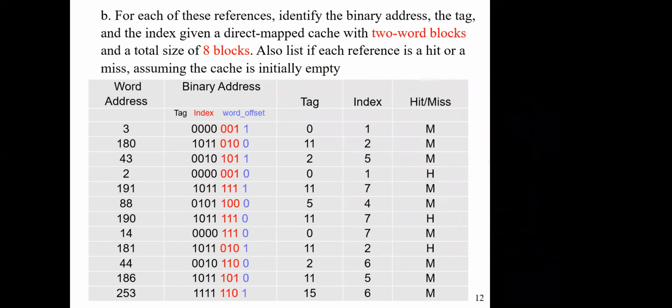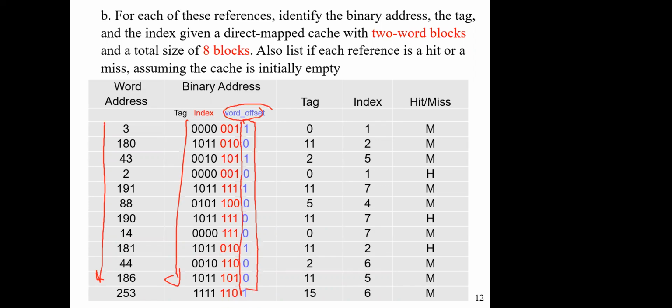I will do exactly the same things as previously: I have to write all of these numbers in binary, but I will look at the values differently. I will look at the very first bit, which is just the word offset.